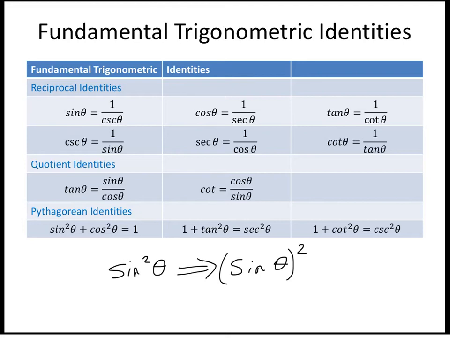So we can rearrange some of these Pythagorean identities, and in class I might show you some of the derivations. But 1 plus tangent squared theta is equal to secant squared theta. And then 1 plus cotangent squared theta is equal to cosecant squared theta. Now, sine squared plus cosine squared equals 1 is really easy to remember. 1 plus tangent squared theta equals secant squared theta.